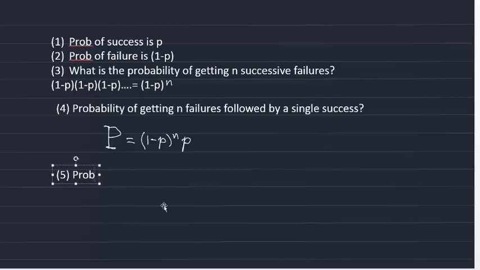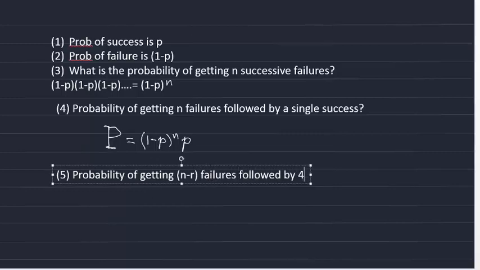The probability of getting n minus r failures followed by r successes.